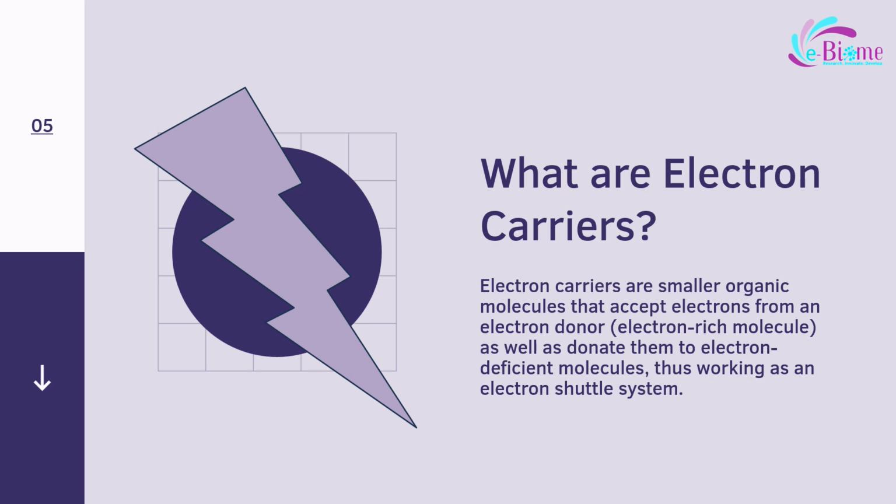When talking about respiration, these two words come up together a lot as they play an important role in respiration. Electron carriers are small organic molecules that are typically derived from vitamin B's that act as an electron transport system.